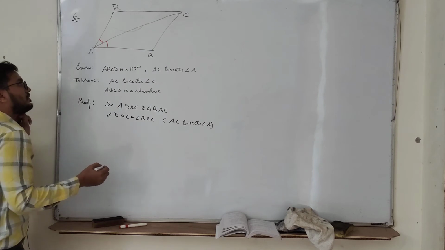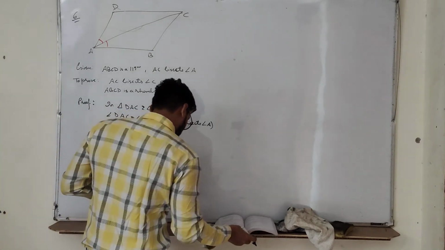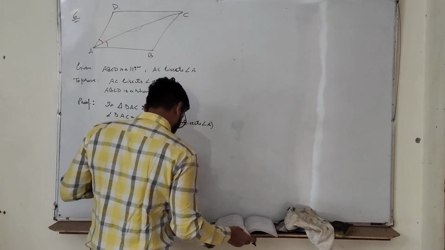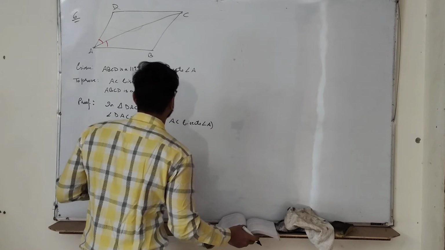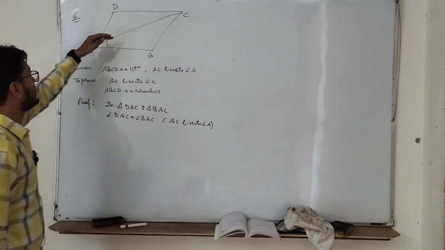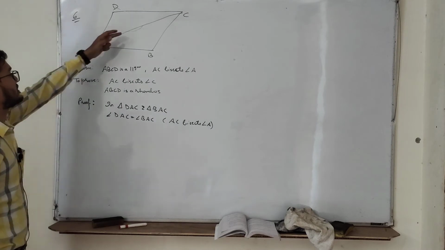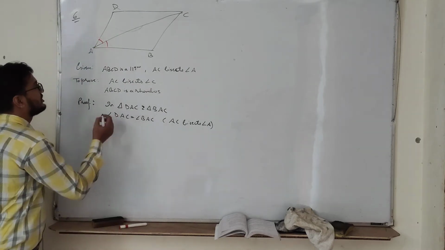Also, the diagonal AC of a parallelogram ABCD bisects angle A. So we have to show that it bisects angle C also. Okay, so it is very easy.